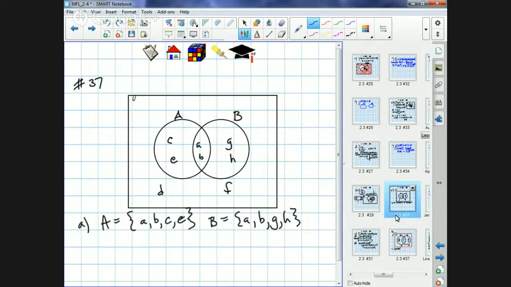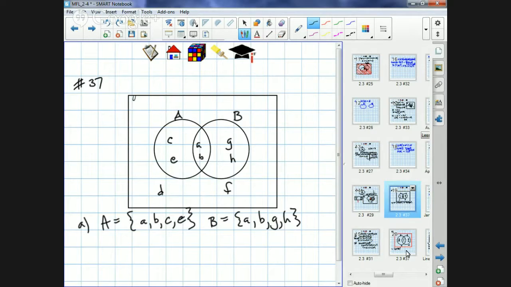37A, that one I worked through. A equals A, B, C, and E. Yep, B equals A, B, G, and H. Perfect. And then D and F are universal.